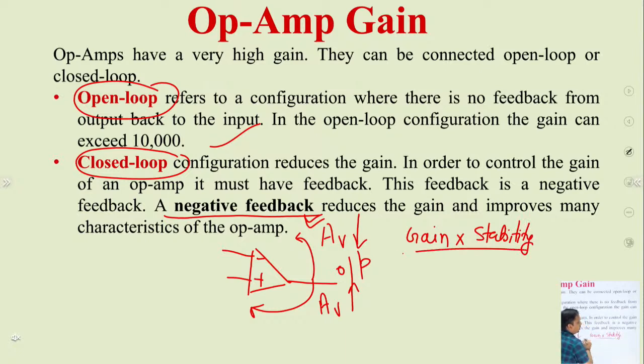A circuit whose gain is very high is less stable. So if we reduce the gain of the operational amplifier by placing negative feedback, that means we are improving the stability of the circuit. So there is a small trade-off.